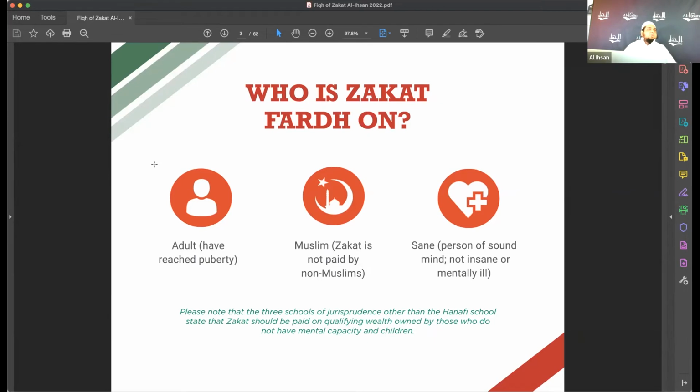So zakat is one of those. But they say that as a precaution, it's better that if the children do have wealth, the parents or the guardians discharge zakat on behalf of the children. So practically there's not much of a difference there.